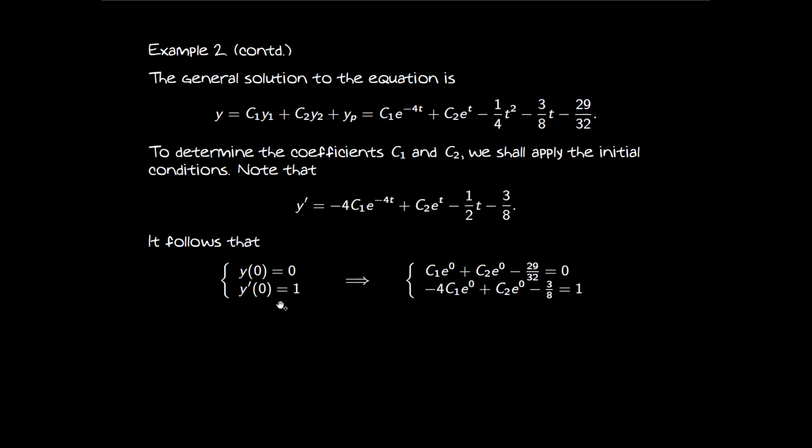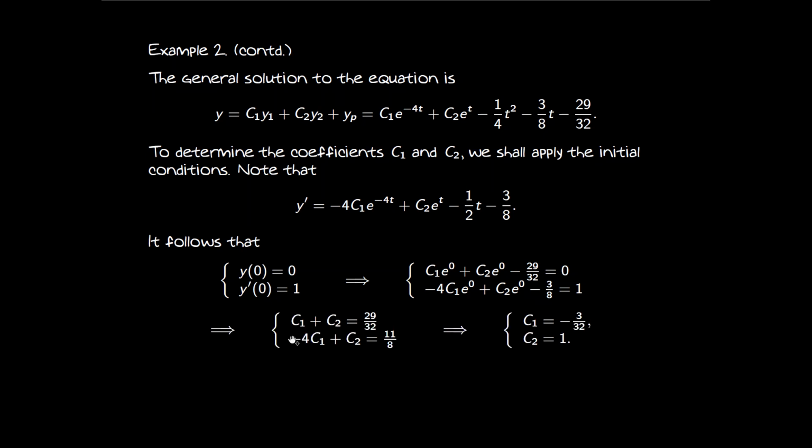And for the second condition, you can do the similar thing, right? So here t is 0, and your y prime is going to be 1. So you can plug the 0 in, and here you're going to see a 0 term, right? So simplify these two equations because we know the e to the 0 is 1, right?